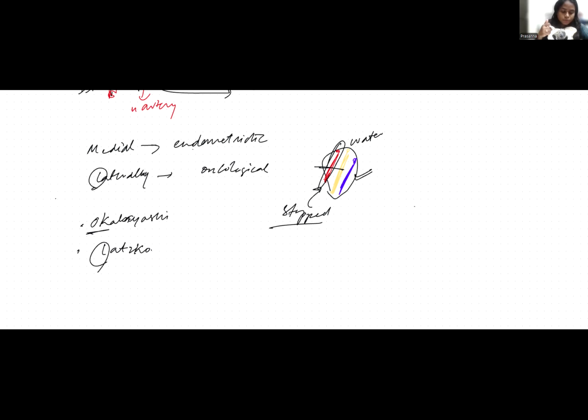Then Latzko space boundaries. Immediately they'll ask what the boundaries are. Anteriorly there is the cardinal ligament, dorsally there is the presacral fascia and the lateral aspect of the sacrum. Laterally, there is always the internal iliac artery, which forms the lateral boundary.